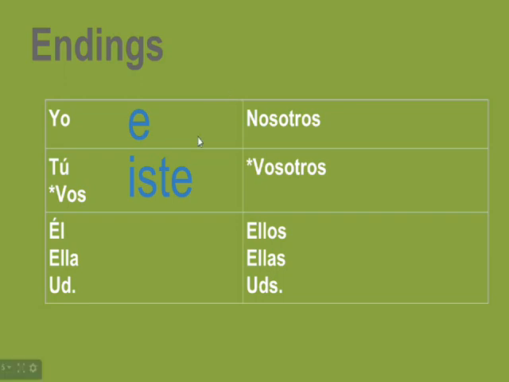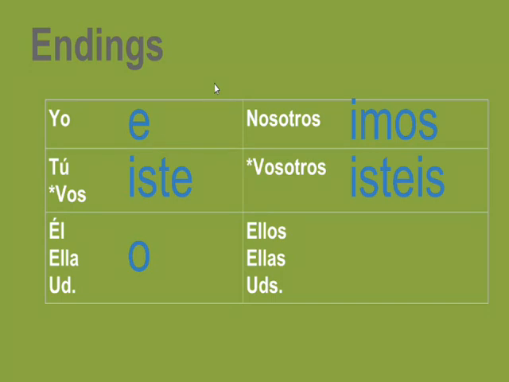Right? And that's also the same conjugation that's used for the vos pronoun, which is used in parts of Central and South America. Él y usted, o, nosotros imos, vosotros isteis, right? The you plural familiar pronoun that is used in Spain. And then the ellos, ellas, ustedes, ending ieron.